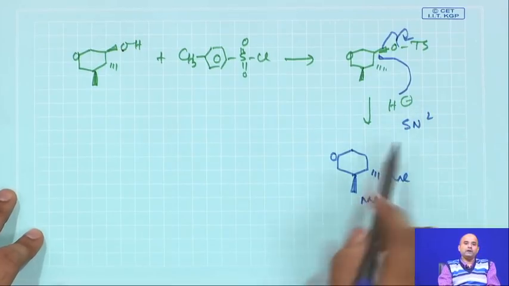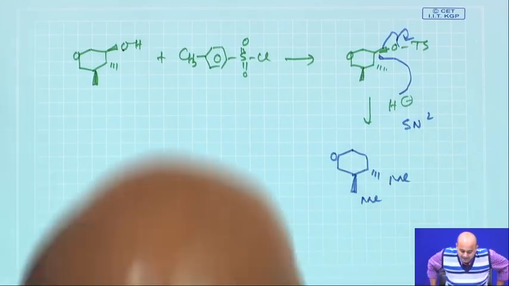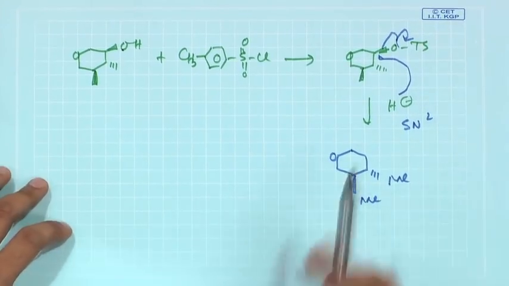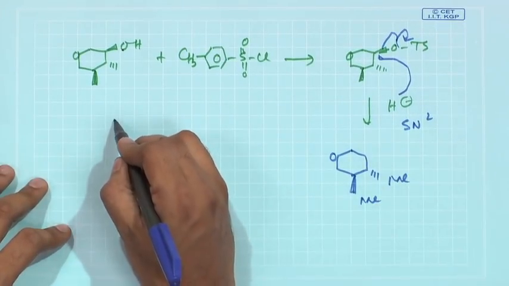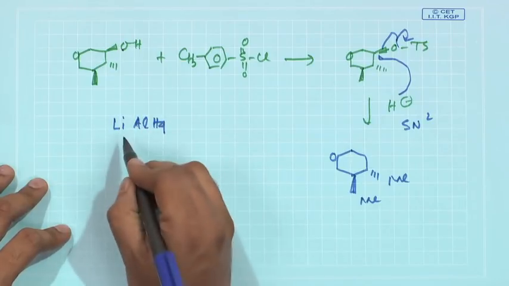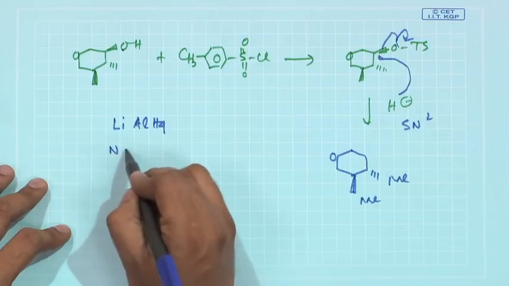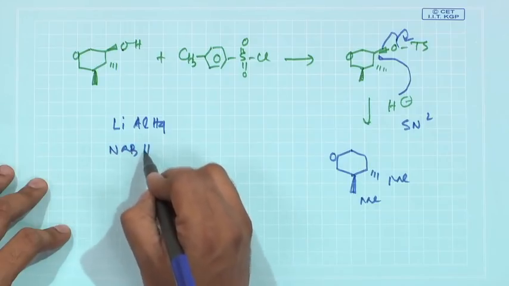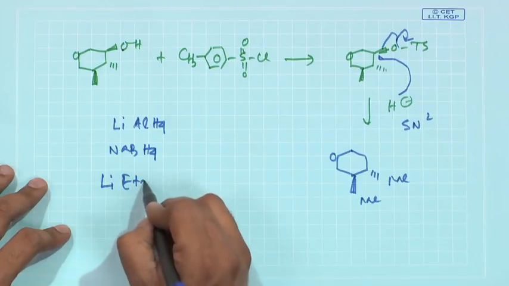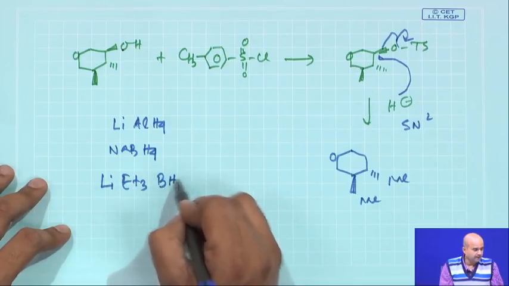You are basically using a hydride source as the nucleophile, and this is also a very nice demonstration. You can use lithium aluminum hydride, even sodium borohydride as a hydride source, or superhydride, lithium triethylborohydride.